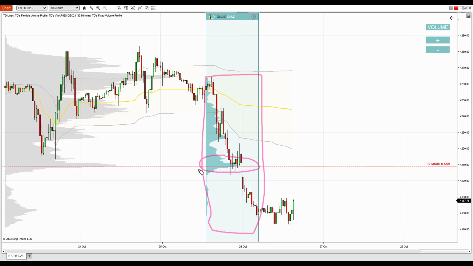This heavy volume zone is telling us that sellers who were pushing the price downwards were active here, adding to their short positions, and then they continued to push the price even lower. So that's why I think that this should work as a strong resistance.